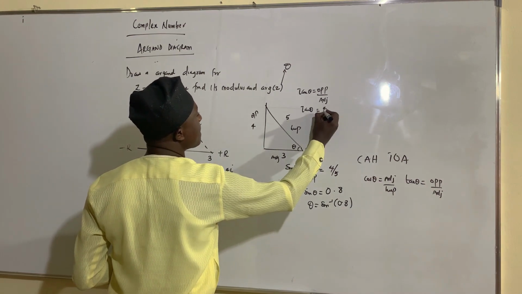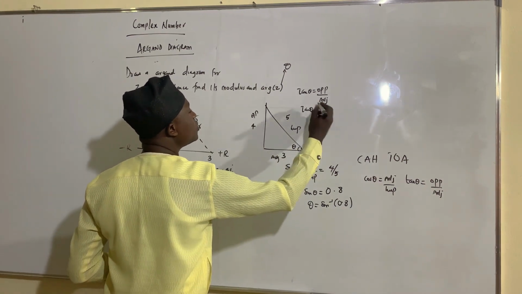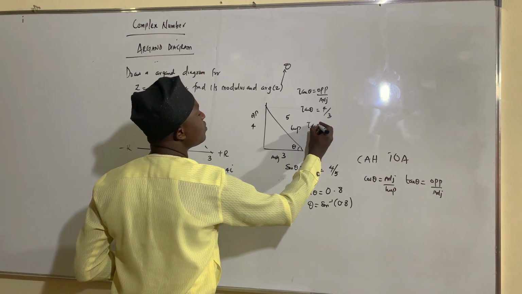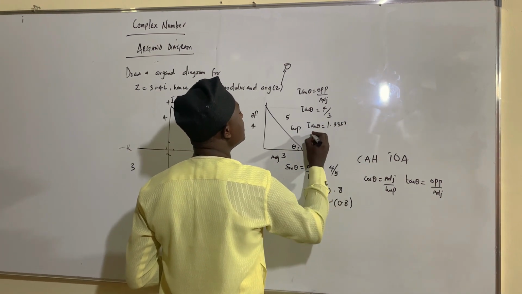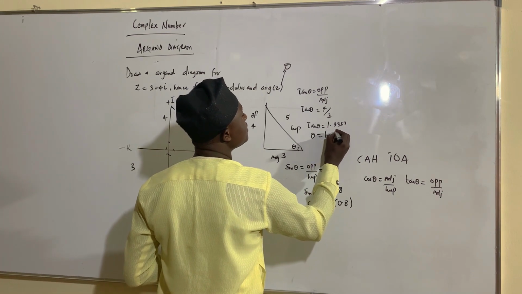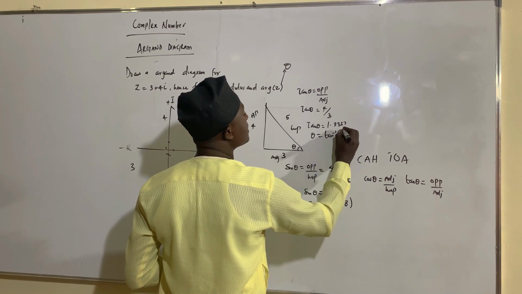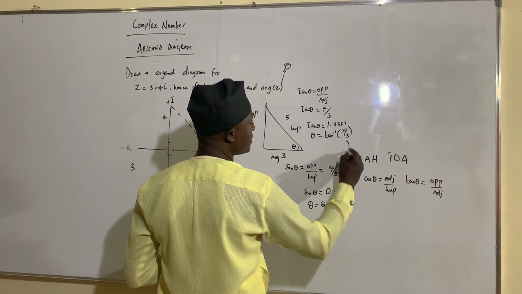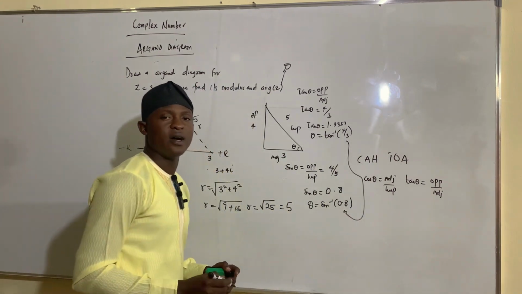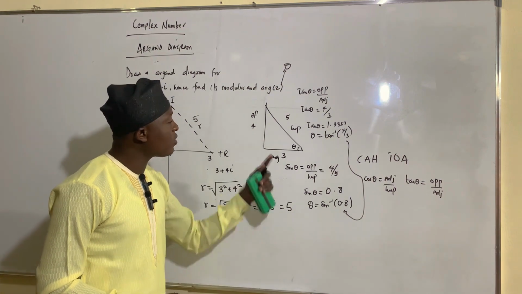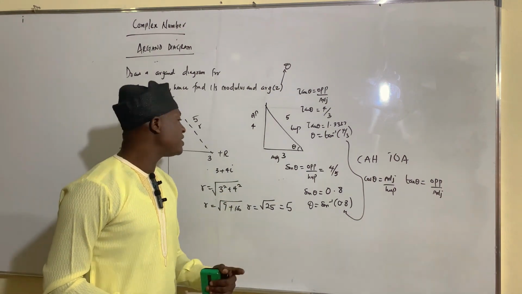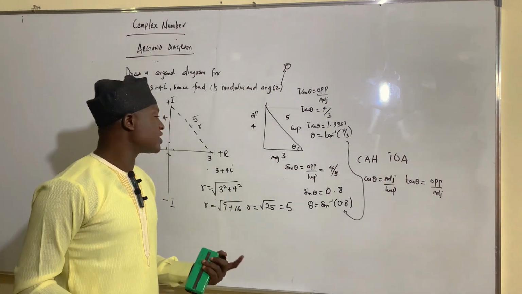Opposite is 4, adjacent is 3. If you divide this, we get 1.3333. Then you find the tan inverse of this. If you leave it as a fraction, the result will be the same as the sine inverse of 0.8. I want you to do a little exercise so that you can confirm the results are going to be the same. If you wish, you can use cos as well.